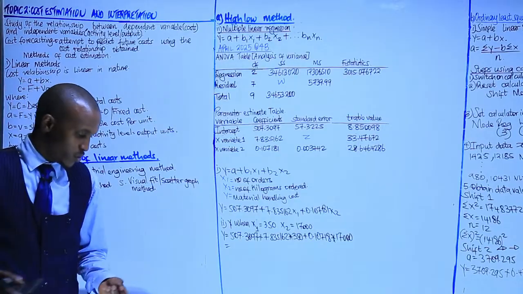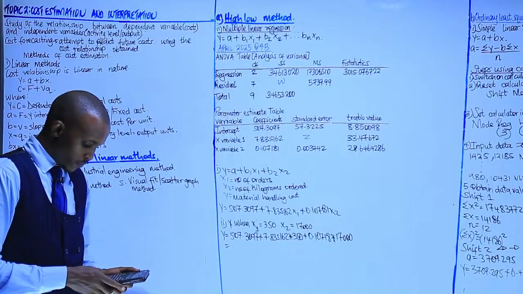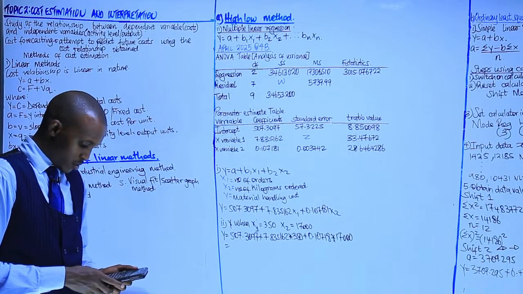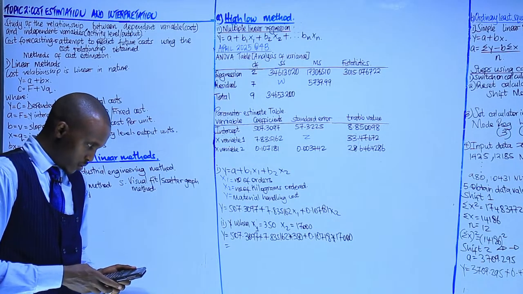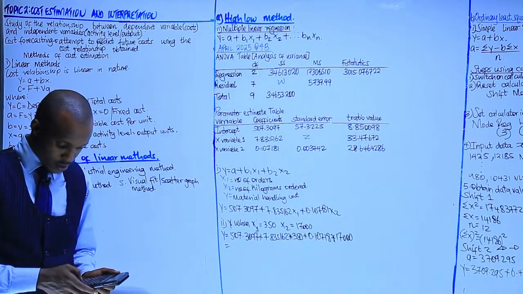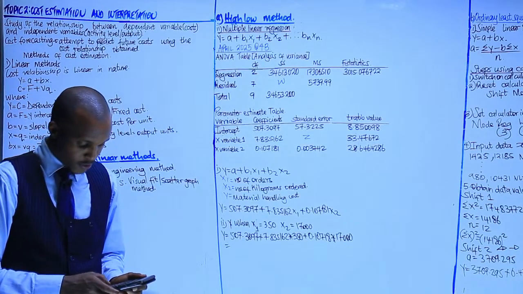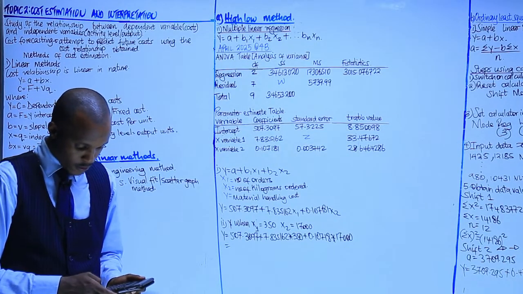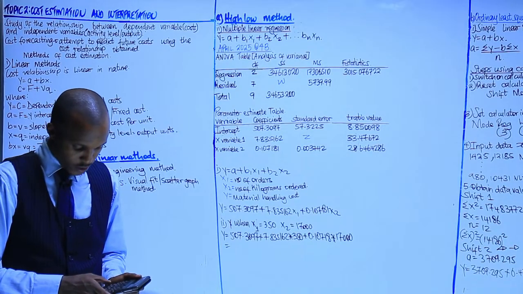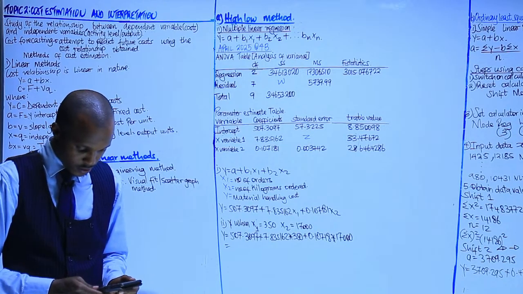So let's work this one out: 507.3097 plus 7.835162 by 350 plus 0.107181 by 17,000.